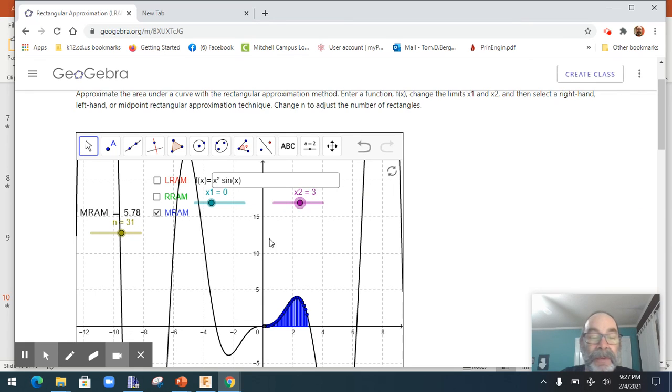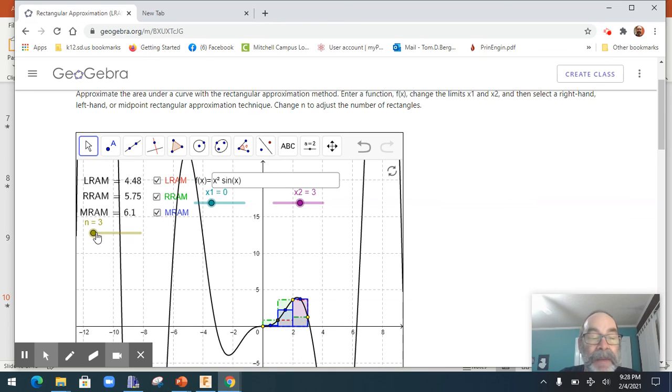So from 0 to 3, it looks like my midpoint is at 31, so let's move that down to about 3. Notice my midpoint one is 6.1, my right hand is 5.75, and my left hand is 4.48. If you want to see what they look like separately, you can click off those boxes and take a look right there.